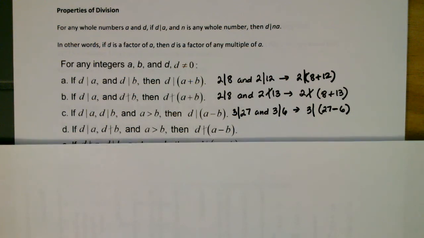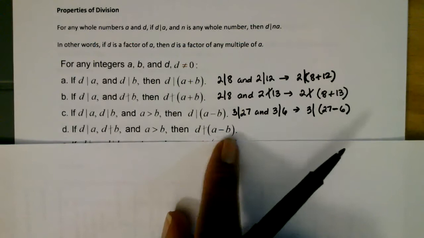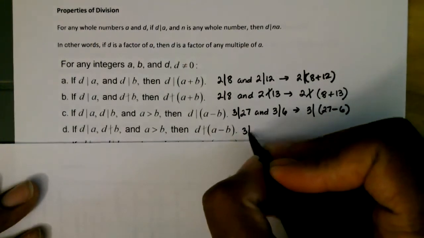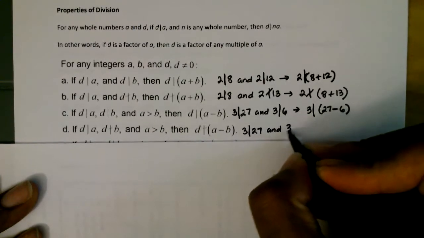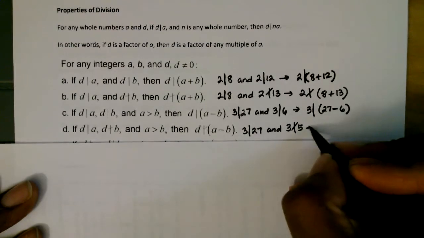Now, part D, if D divides A and D does not divide B, and A is greater than B, then that means that D will not divide A minus B. So 3 divides 27. And let's say 3 does not divide 5, which is, of course, true.